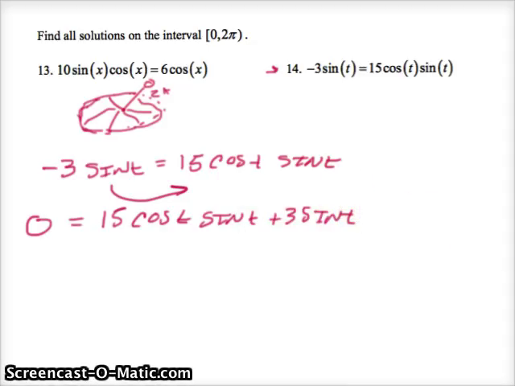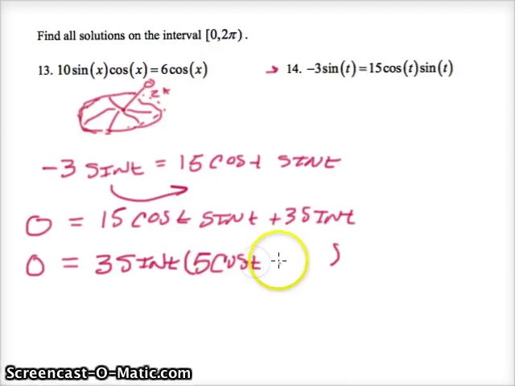And we'll do a little trick here. We'll factor out a number and a trig ratio. 0 equals, let's factor out a 3 sine of t. I'm just treating it like it's a variable. Okay, I have what? 5 cosine of t plus 1.